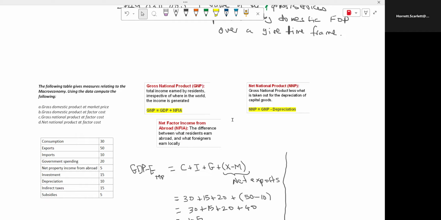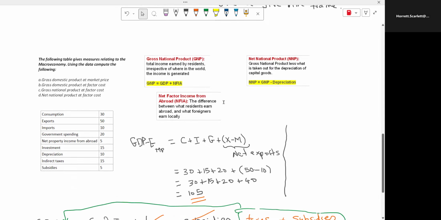But if we want to look at how well we are doing as a nation, then it might make sense for us to look at where our nationals are and what kind of contribution they are making, because probably that money that they are earning is coming back to the local economy to assist in the local economy.